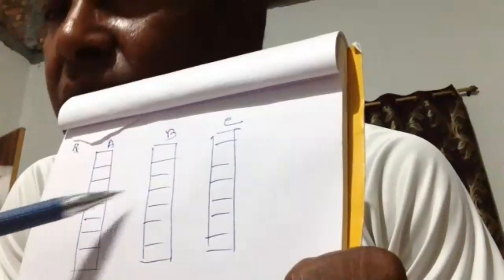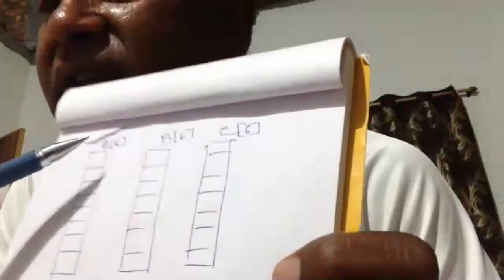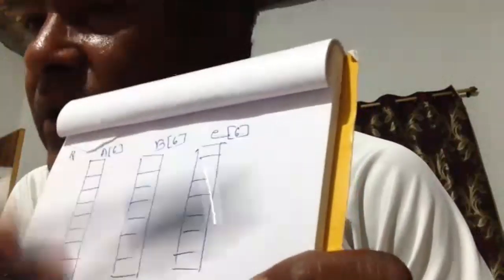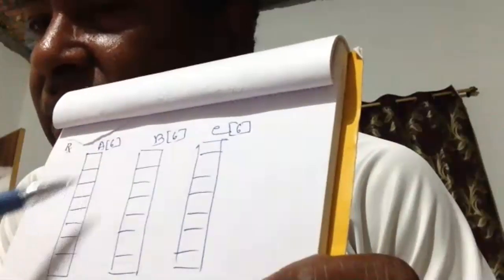If it is A, B, and C, if you want to add them, for example, the size should be the same, A6, B6, and C6. If you add these three arrays, what is the result?